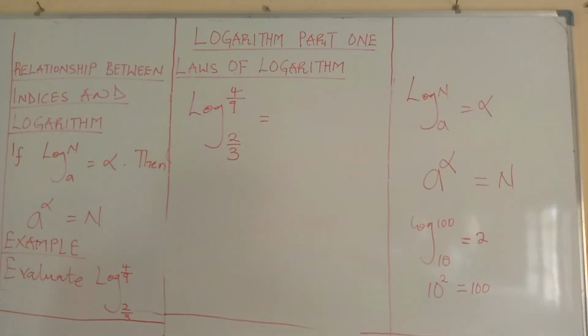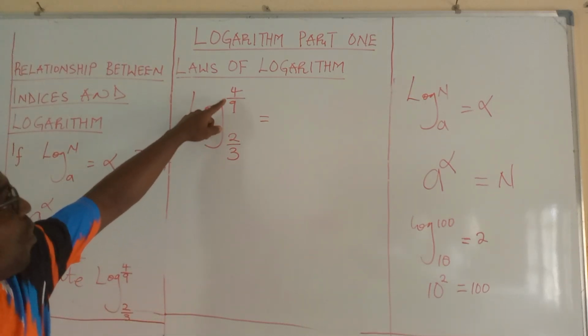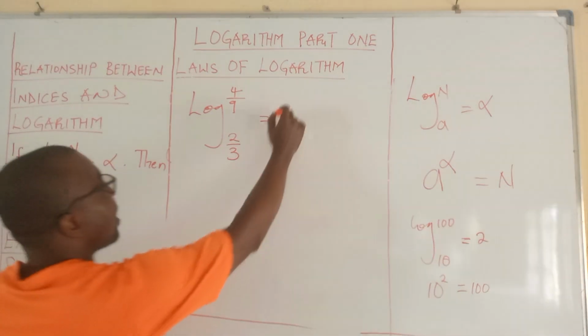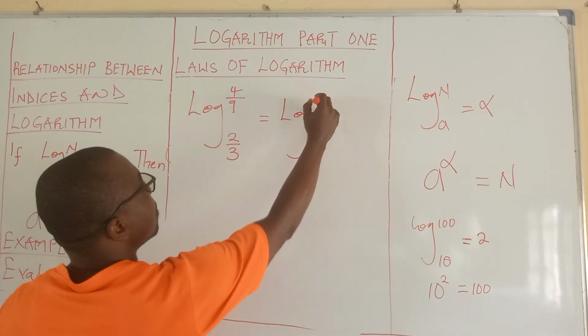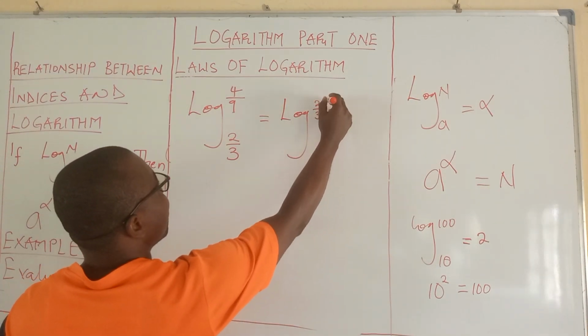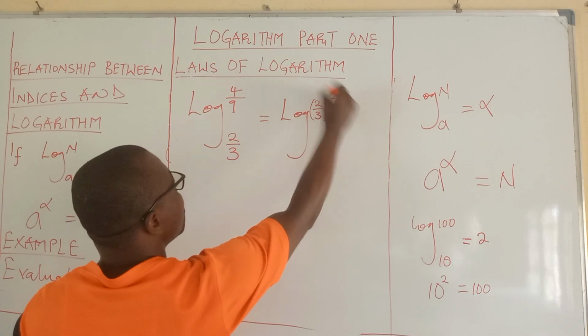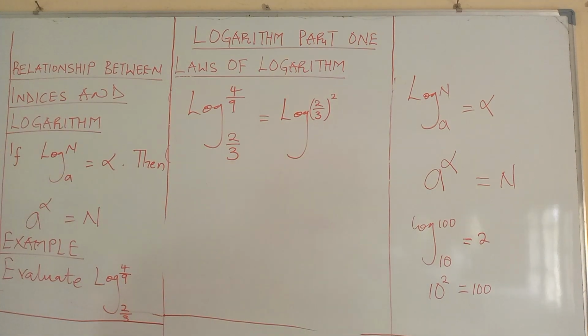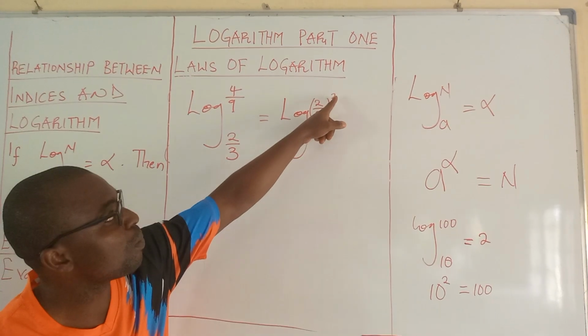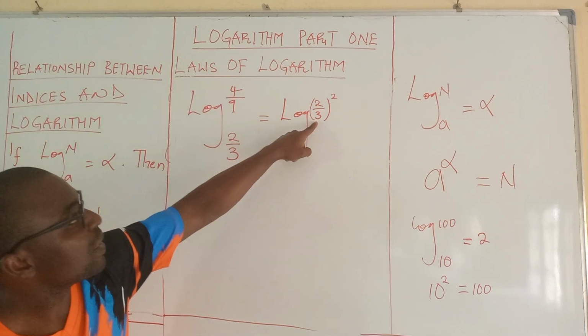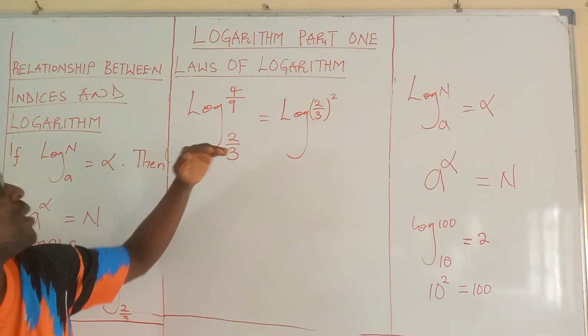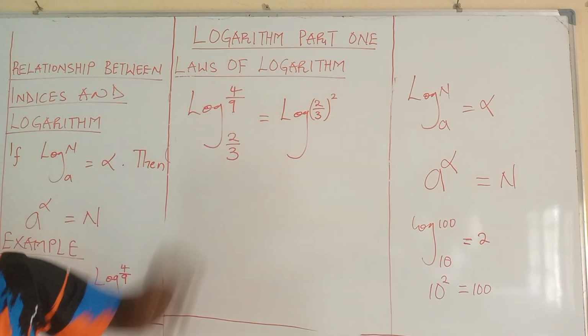So looking at this, 4/9 can be written as 2/3 raised to the power of 2, because we know very well that 2 raised to the power 2 is 4, and 3 raised to the power 2 is 9. So 4/9 is the same thing as that.